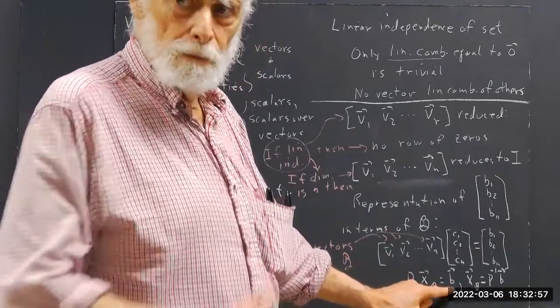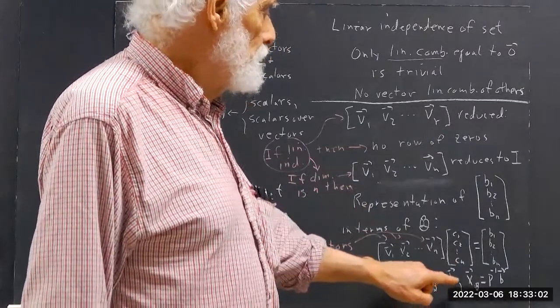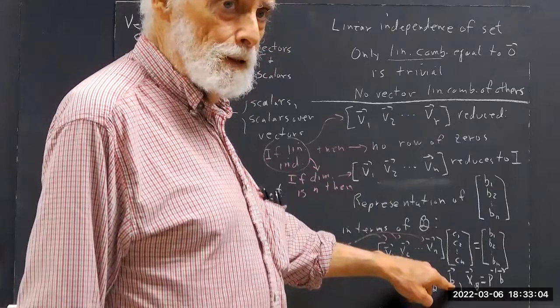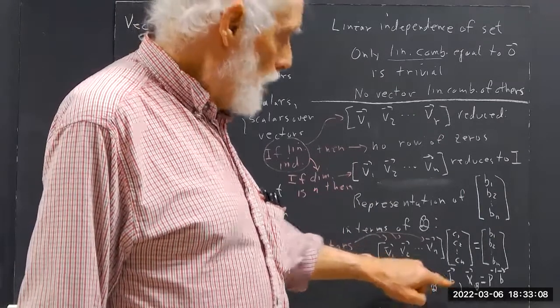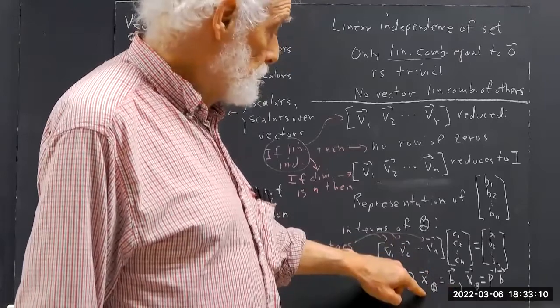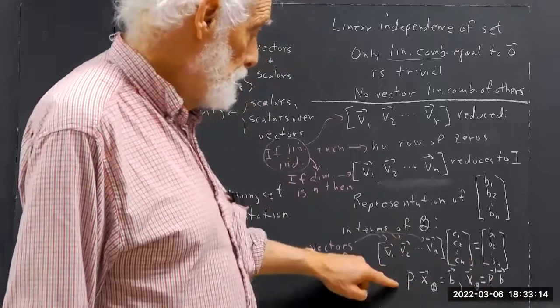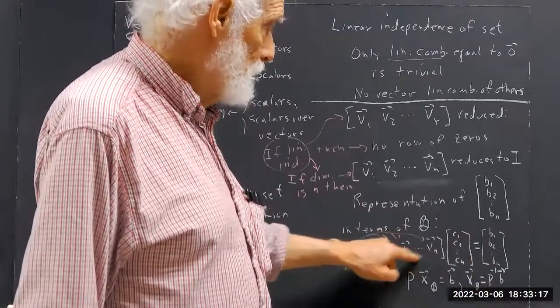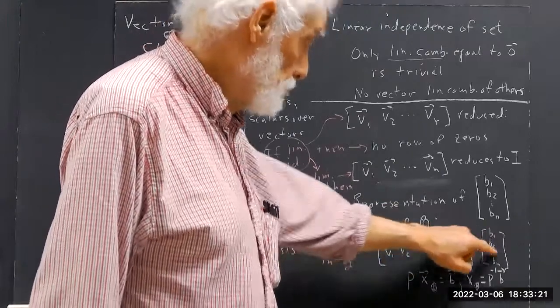Little b is just any vector in your space. So b has representation XB if XB equals P inverse times b, because P XB, that's this matrix product. Here's your P, here's your X, here's your b.